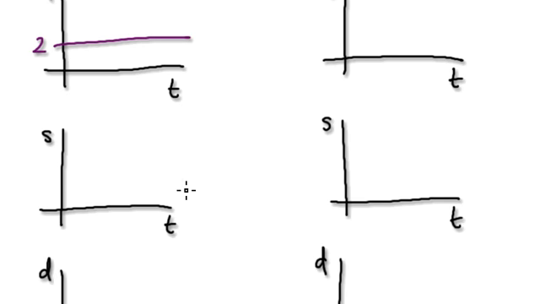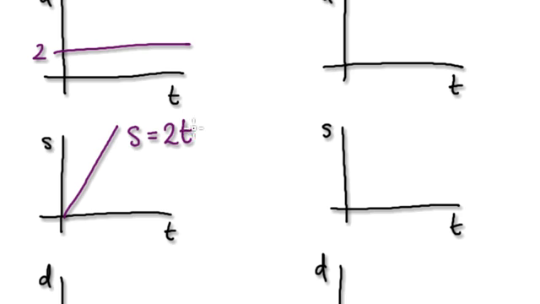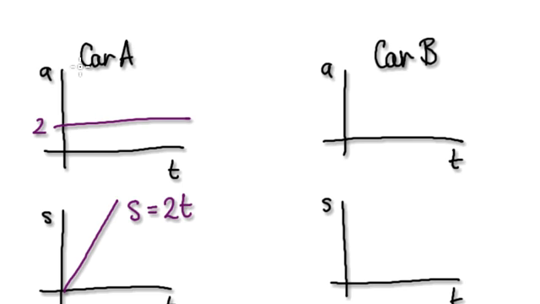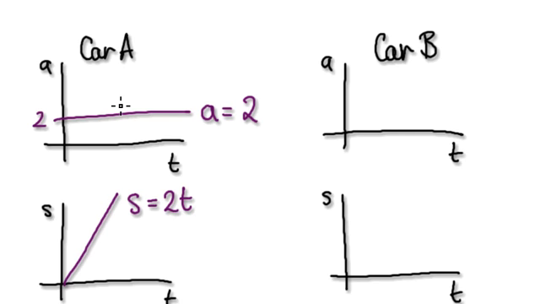And the speed time graph will look like this. So it has a gradient of 2. So you can think of it as being s equals 2t. Acceleration here equals 2, because the acceleration will always be 2 for car A.